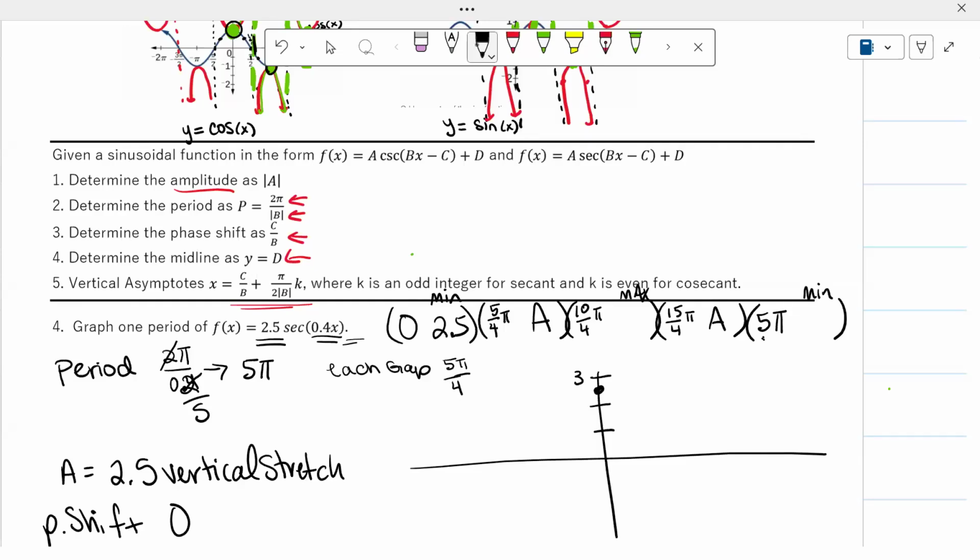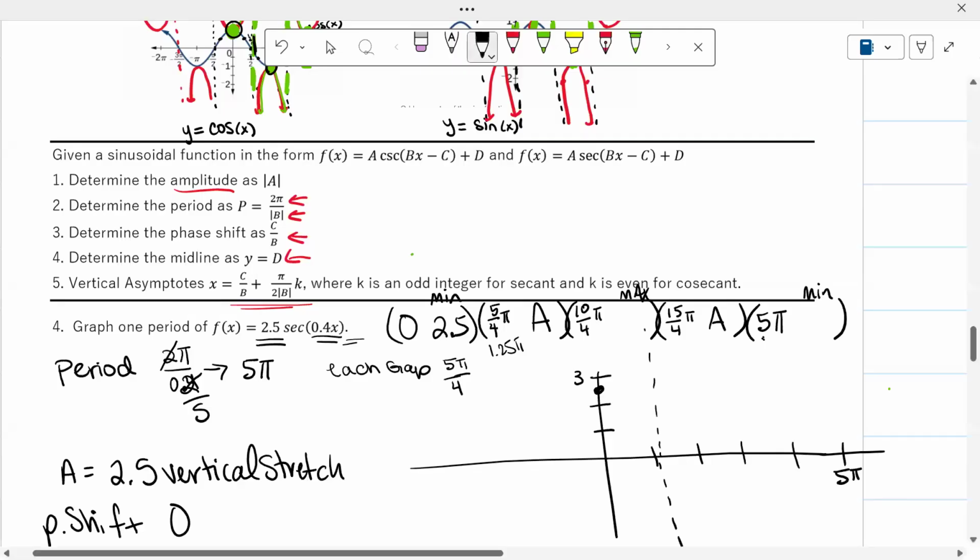Then 5/4 pi. Let's see, 1, 2, 3, 4, 5. This will be my 5 pi mark. 5/4 is 1.25 pi, so that'll be right here for my asymptote. Then 10/4 is going to be 2.5 pi, which is my maximum.